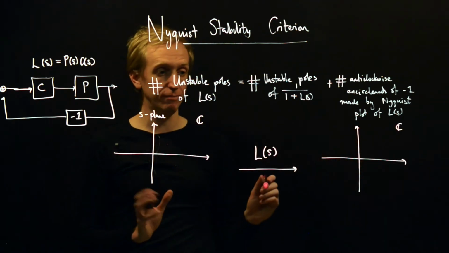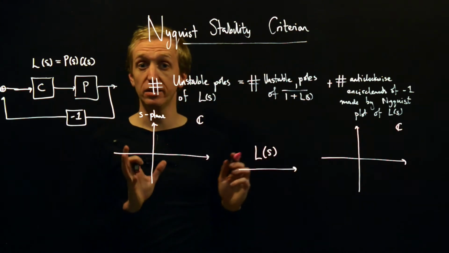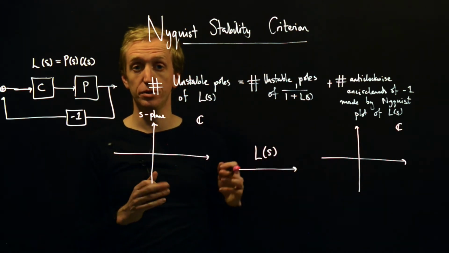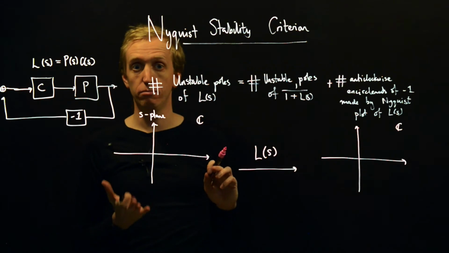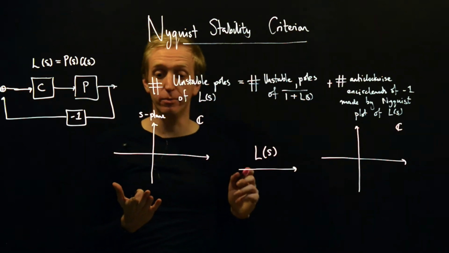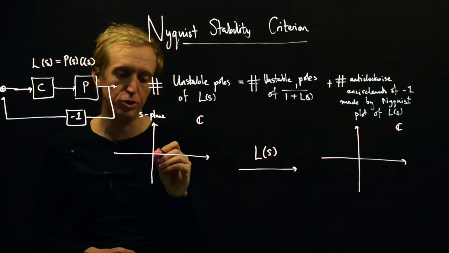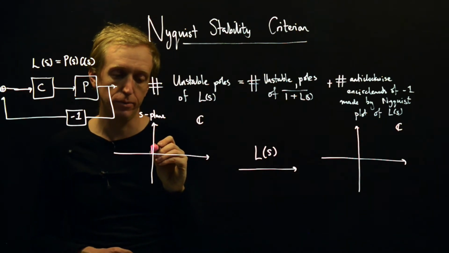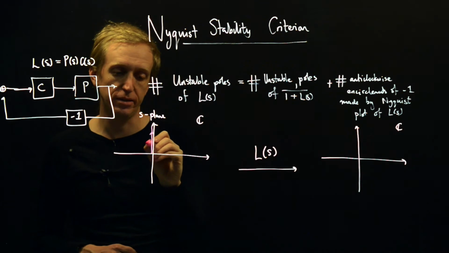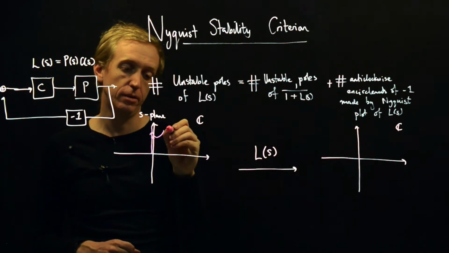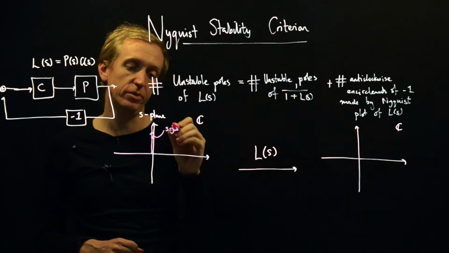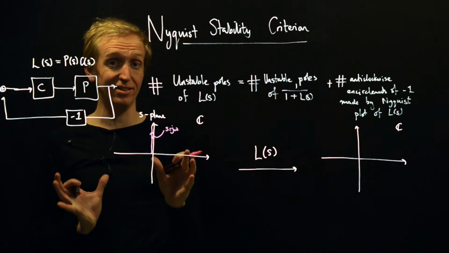So let's just keep going. The Nyquist plot next. So we said the Nyquist plot is the plot of L of S for values of S equal to j omega. So S equal to j omega just corresponds to the imaginary axis. So this is the curve S equal to j omega. Even better news, we've started to get a curve.